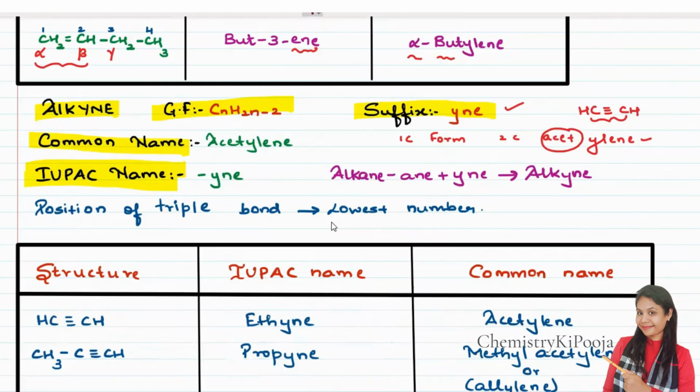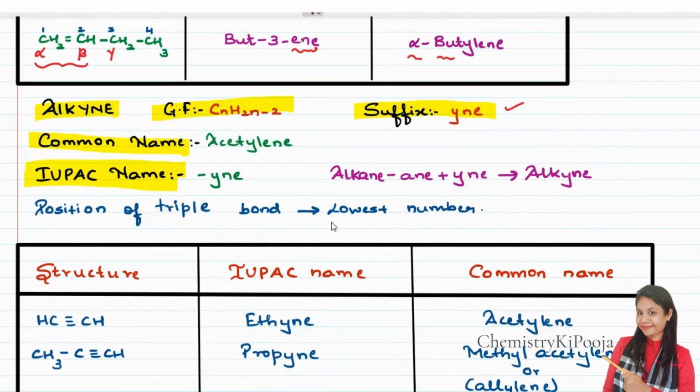So whatever alkyne you take, whichever structure you take, definitely this group will be present in all the alkynes. So this group I call acetylene. So while writing the common name for alkyne, always use the name acetylene. Coming to the IUPAC name, the suffix you are going to write down is YNE.